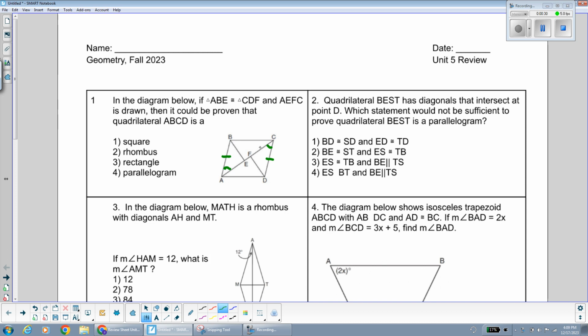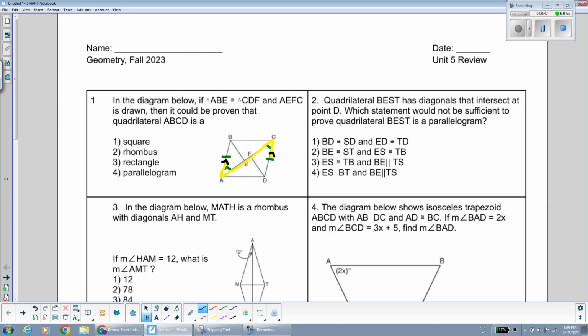And since these are alternate interior angles, you can see the letter Z over here.